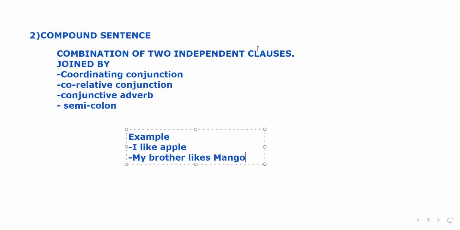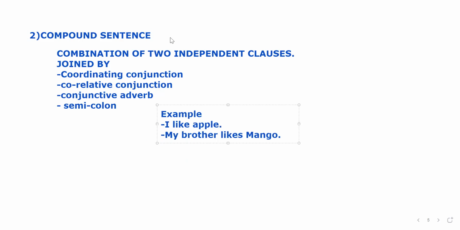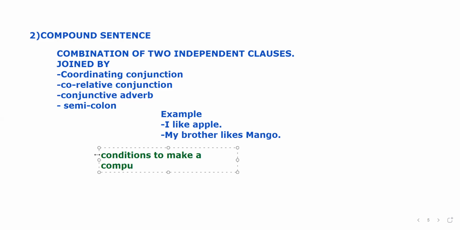Now I have to join these two simple sentences using a compound sentence. To make a compound sentence, there are three conditions that should be fulfilled. Number one, conditions to make a compound sentence.